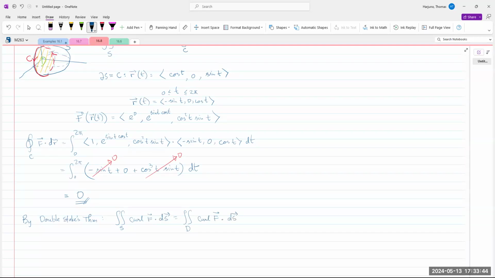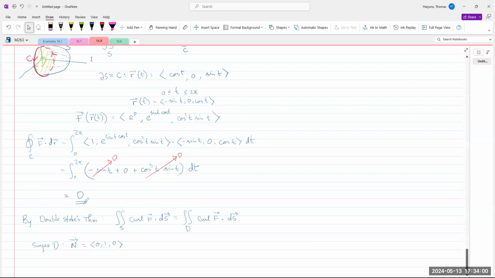Now the nice thing about that surface D is that the normal vector will be in the positive y direction. It's 0, 1, 0.